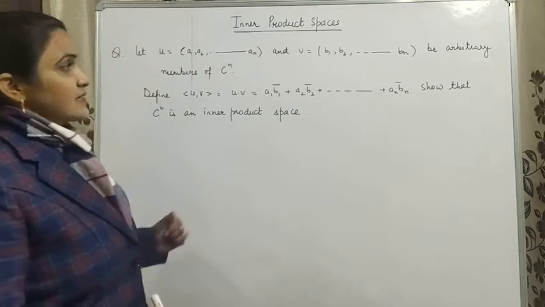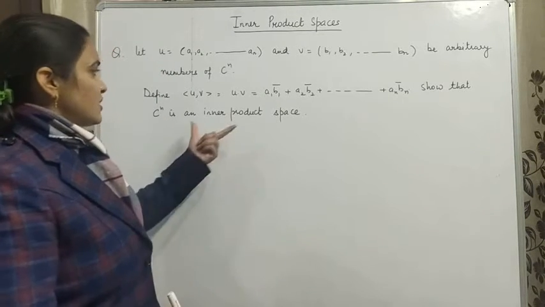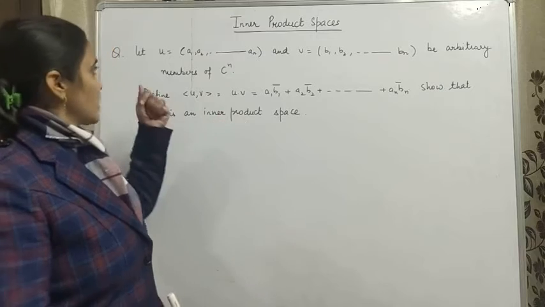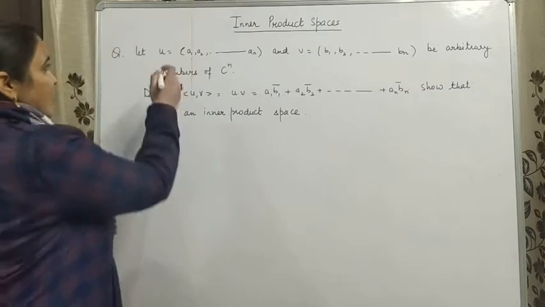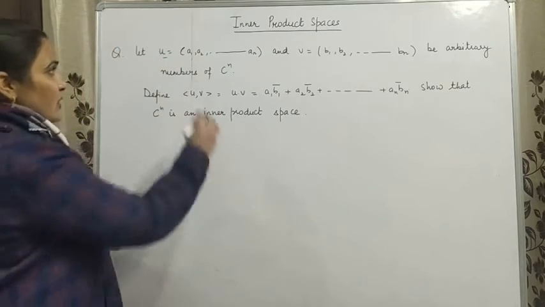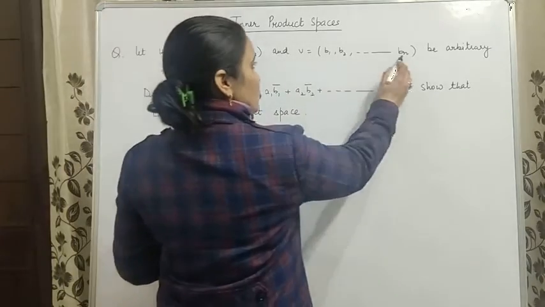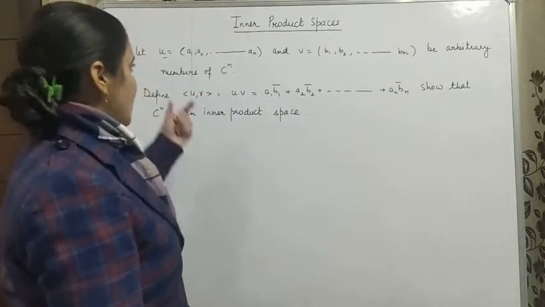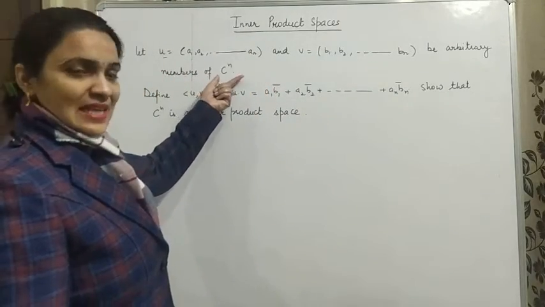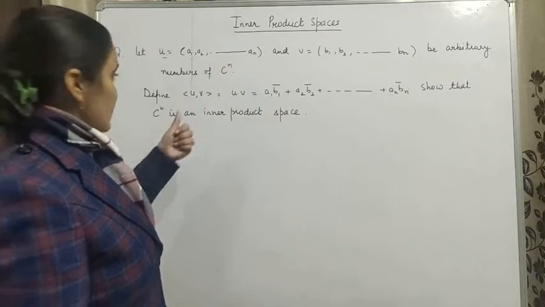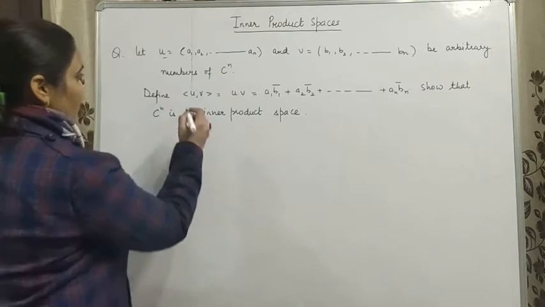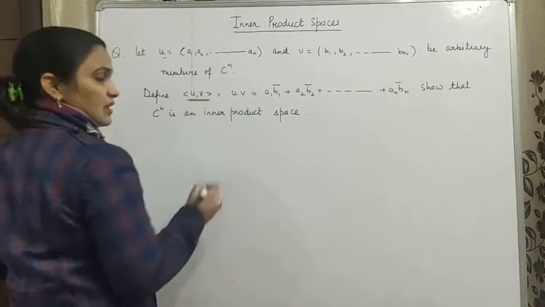Students, next is the question based on inner product space. So you have a vector u is equal to (a1, a2 up to an), and v is (b1 up to bn), n-tuples, be arbitrary numbers of C^n, complex n. आपको एक inner product space given है.